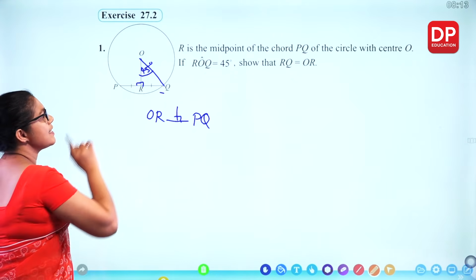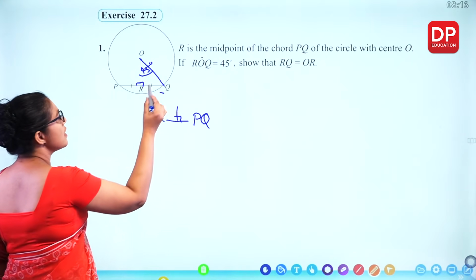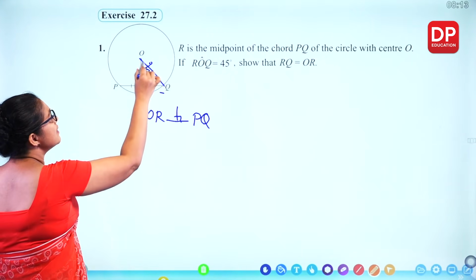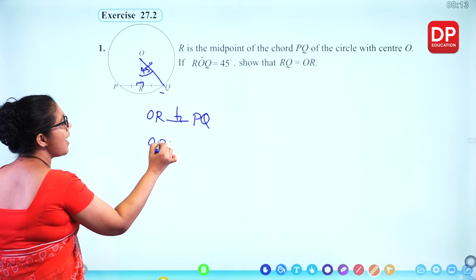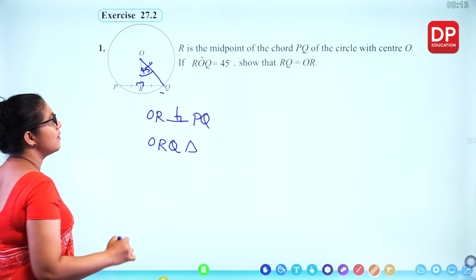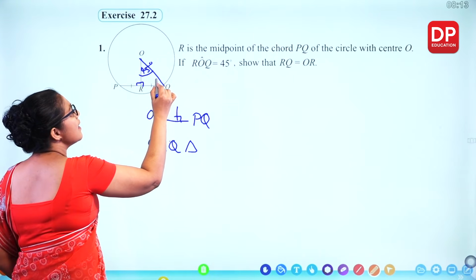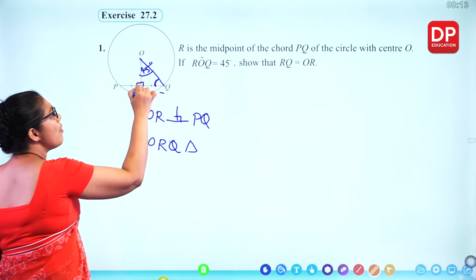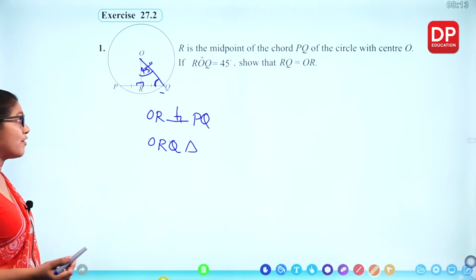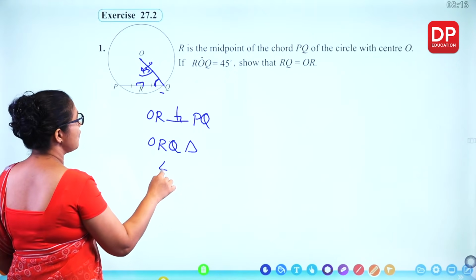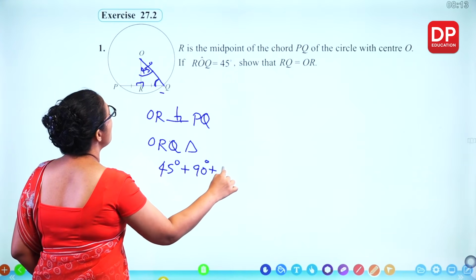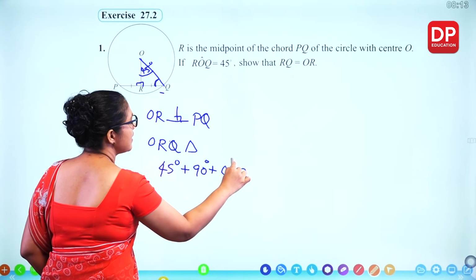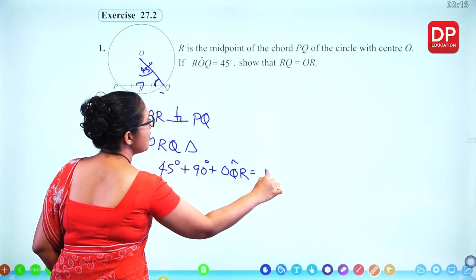If this is 90 degrees, what can you say about this triangle? ORQ triangle. We can say the sum of angles in a triangle is 180. So 45 plus 90 plus OQR angle should be equal to 180.